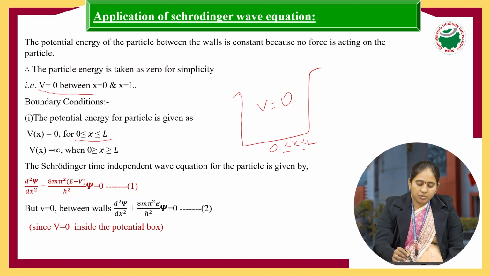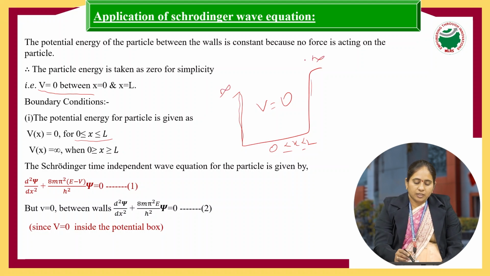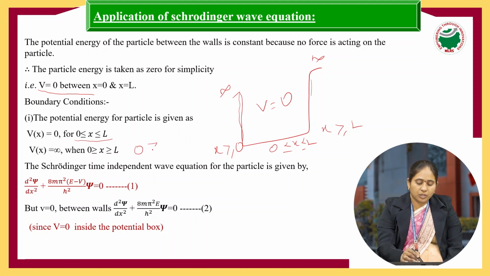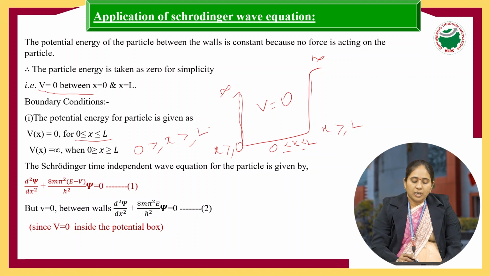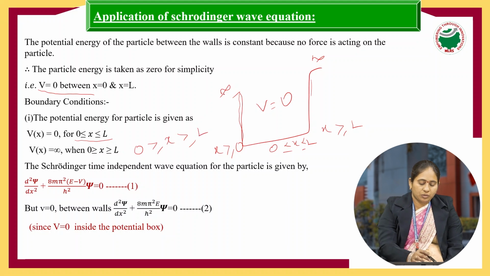At the surface of the box, the potential energy is infinity, that is, x less than or equal to 0 as well as x greater than or equal to L. Simply, you can write in short form, x less than 0 and x greater than L. So at the walls the potential energy is infinity. These two are the boundary conditions.